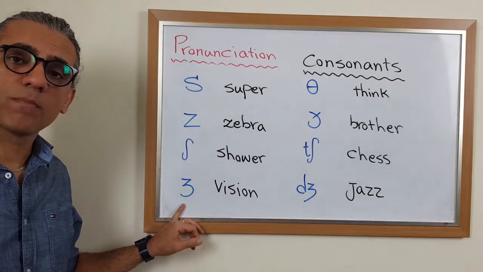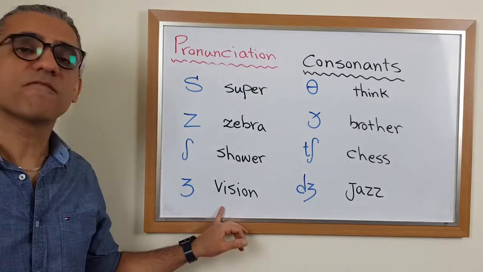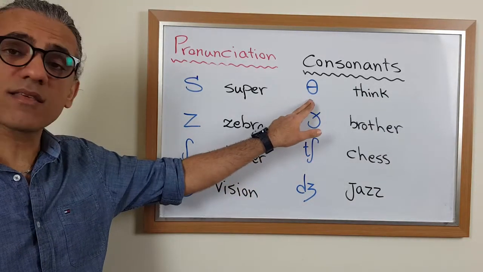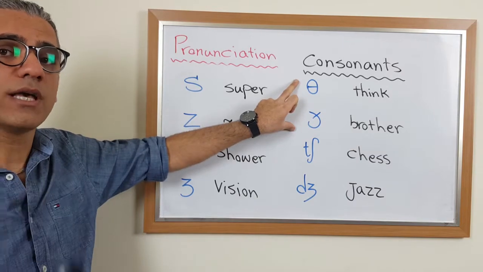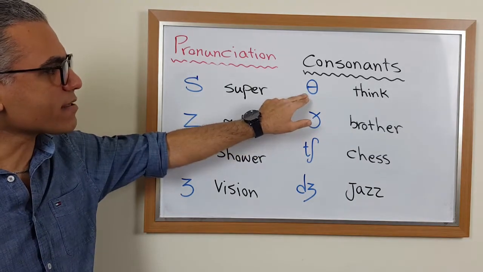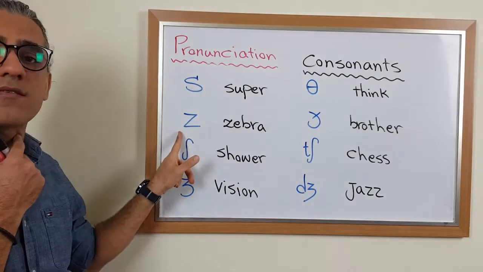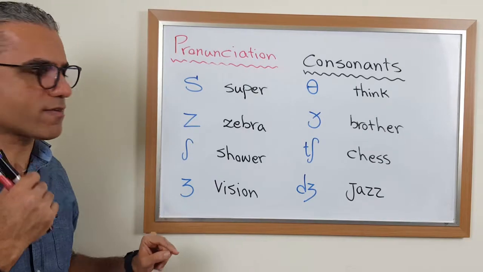The next symbol represents the sound j, like vision, usually. The next symbol, these two are pretty important in pronunciation for English learners. This is actually, for voiced and unvoiced, s, unvoiced, z, voiced, sh, unvoiced, j, voiced.